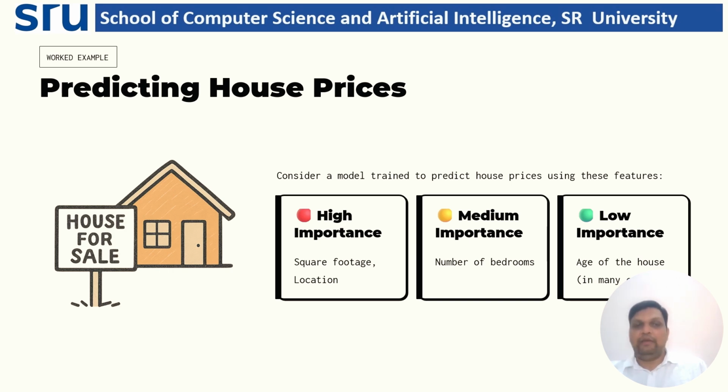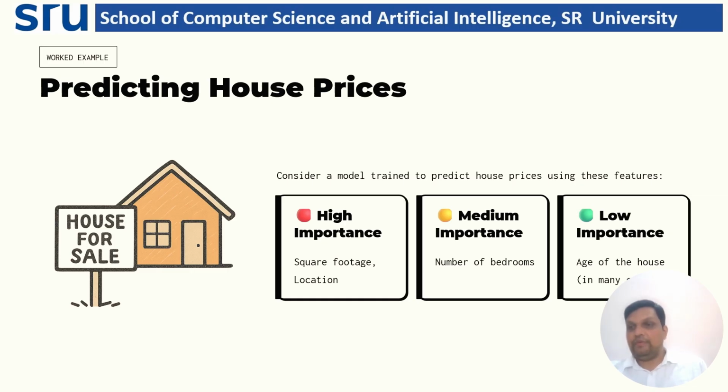Predicting house price. Consider a model trained to predict house price using these features. High importance: square footage, location. Medium importance: number of bedrooms. Low importance: age of the house.